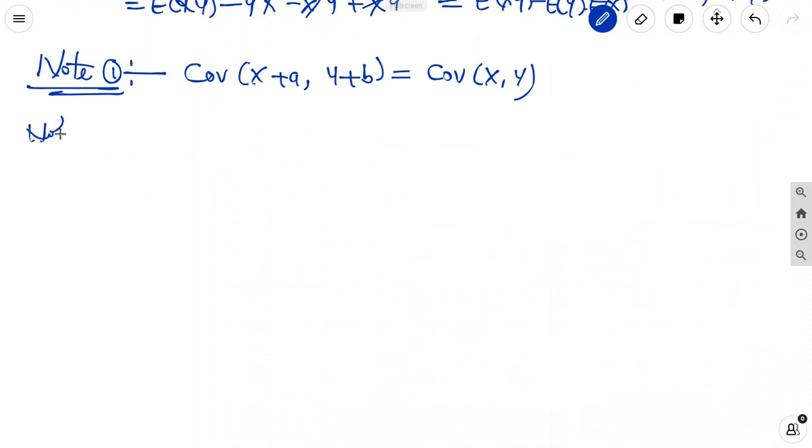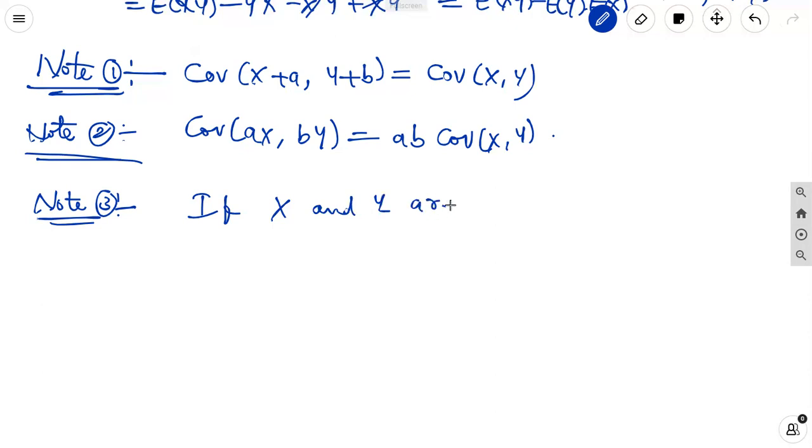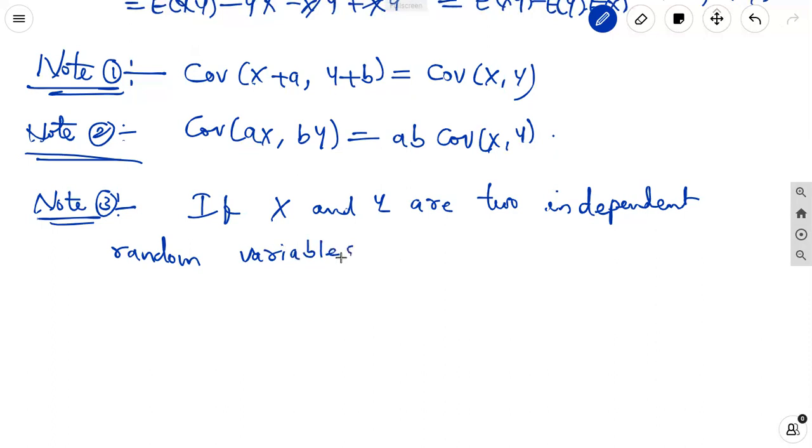The second one is covariance of aX comma bY is equal to ab times covariance of X comma Y. And the third one, note 3: if X and Y are two independent random variables, then covariance of X comma Y should be 0. These three are very important points we have to remember.